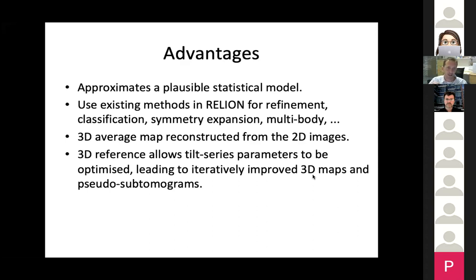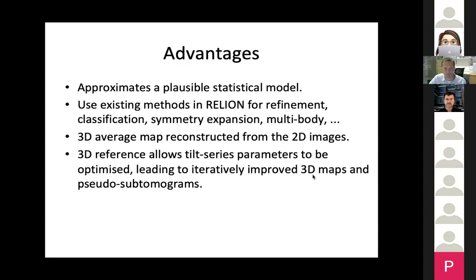Another advantage of this approach is you can now reconstruct the average map conveniently straight from all the relevant areas in the 2D images of the tilt series. And the map that you generate can then be used as a reference to optimize parameters of the tilt series, for example, the tilt angle and where the tilt axis lies, but also if there's beam-induced motion of individual particles throughout the series.